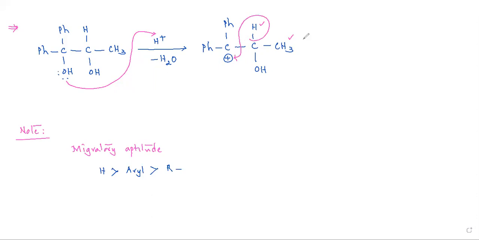Okay. 1,2 hydride shift is what I've taken. Now anyway, it is stabilized. But still, it is going to get stabilized because of plus M. This is where you get a positive charge backed by the plus M of oxygen.